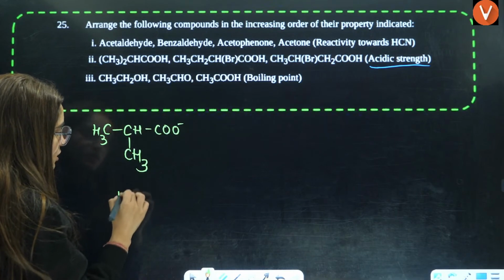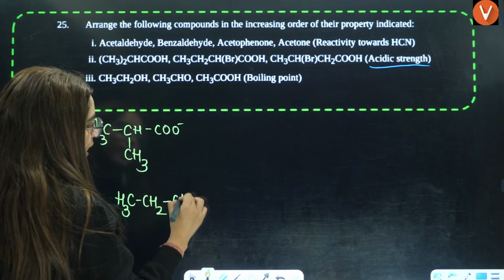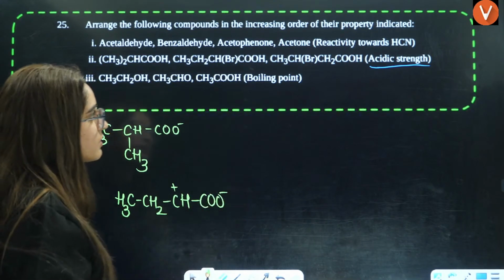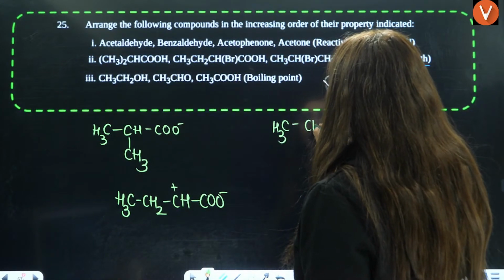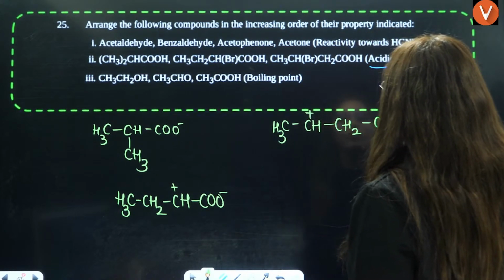This is CH3, this is CH2, this is CH positive, and this is COO negative.